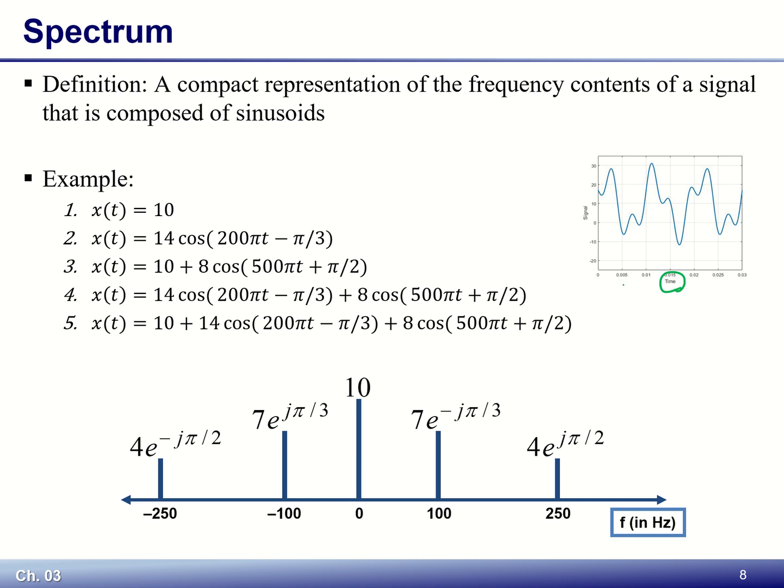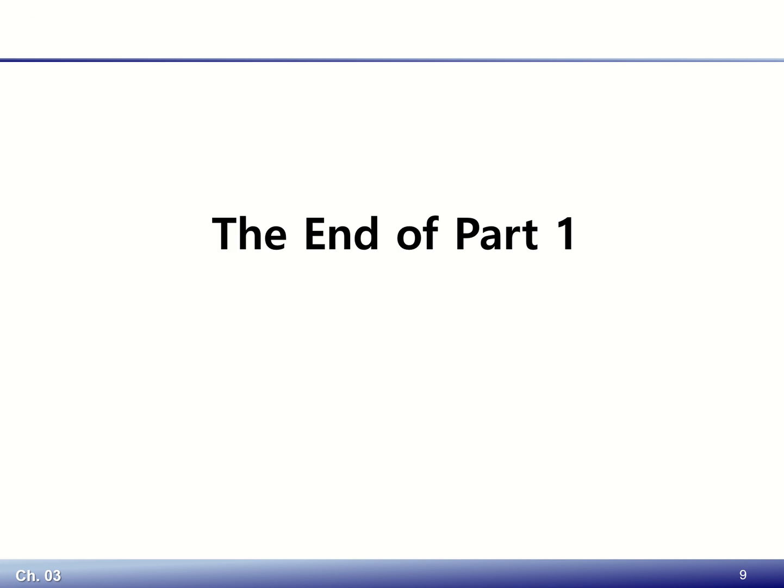Another expression is what kind of components are included in this signal, especially frequency, which is called spectrum. Okay, we will study the details of spectrum in the next part.